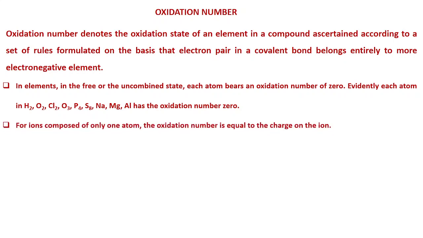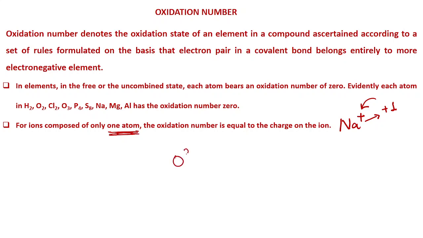Now for ions which are composed of only one atom, the oxidation number is equal to the charge on the ion. If you have, suppose, Na+, a single atom with a charge, then this will have a +1 oxidation number. The oxidation number is equal to the charge here, but only in the case of one atom.